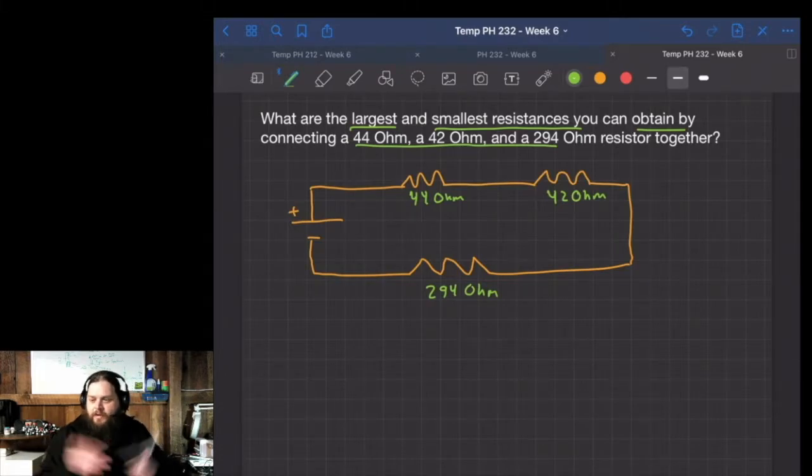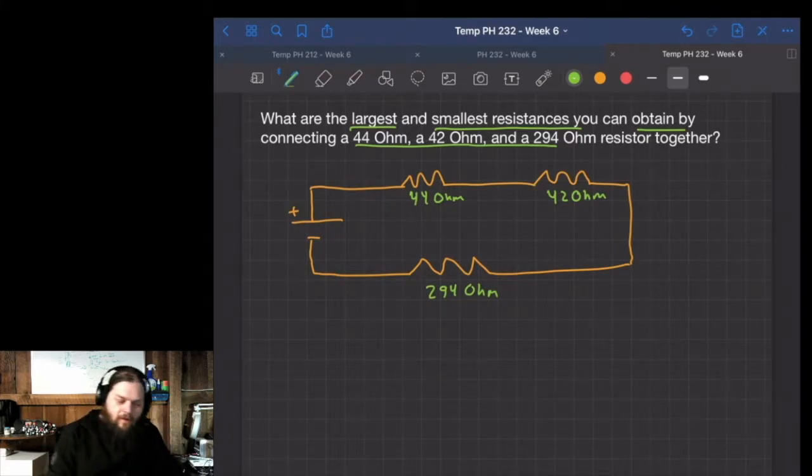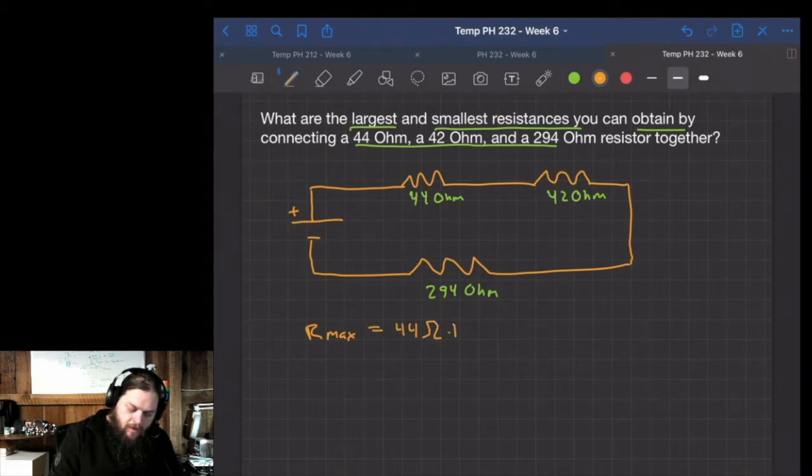The commutative law of addition says we can move those numbers around, so 44 ohms plus 42 ohms is the same as 42 ohms plus 44 ohms. But the total resistance, in this case the max resistance, is going to equal 44 ohms plus 42 ohms plus 294 ohms.